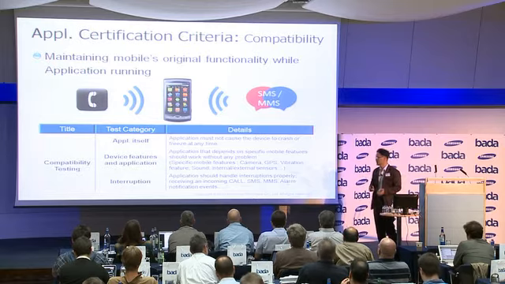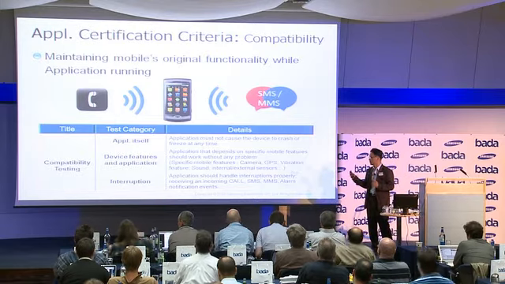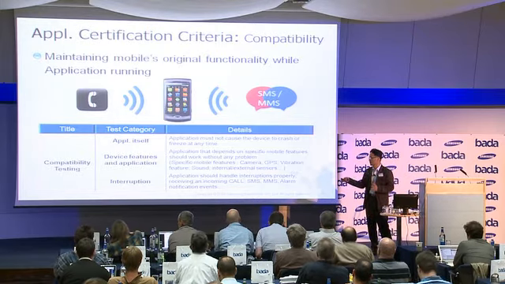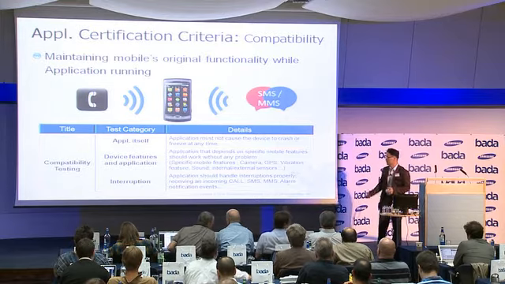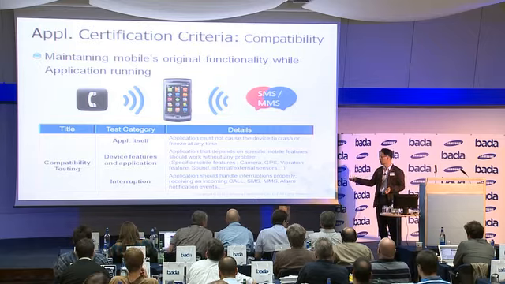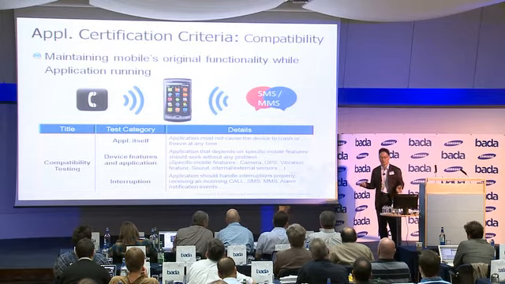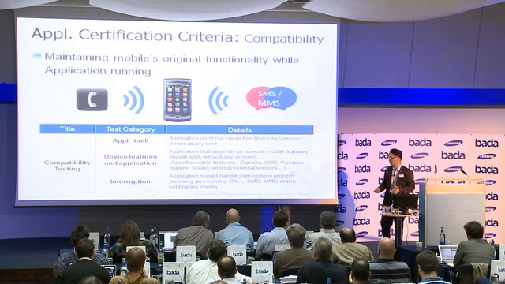Device features and the application should work synchronously, and they must not hurt each other's functionalities. And the last one, interruptions. There are a lot of interruptions like calls, SMS, MMS, and alarms, and your application must have a proper handling method for that.